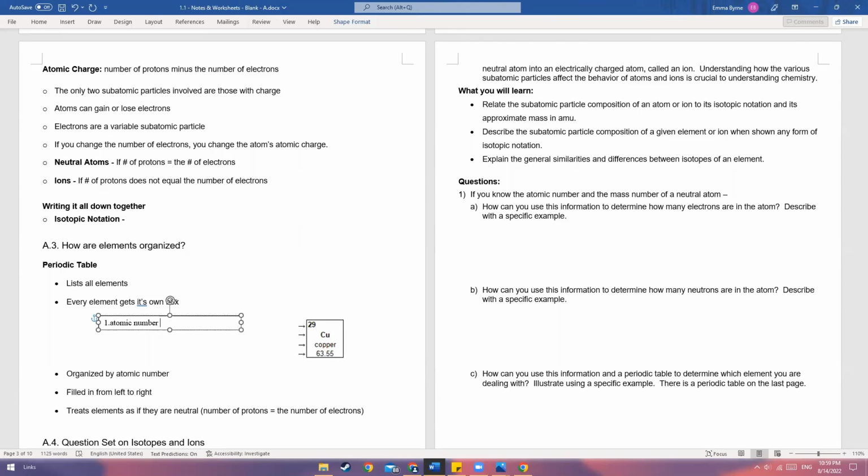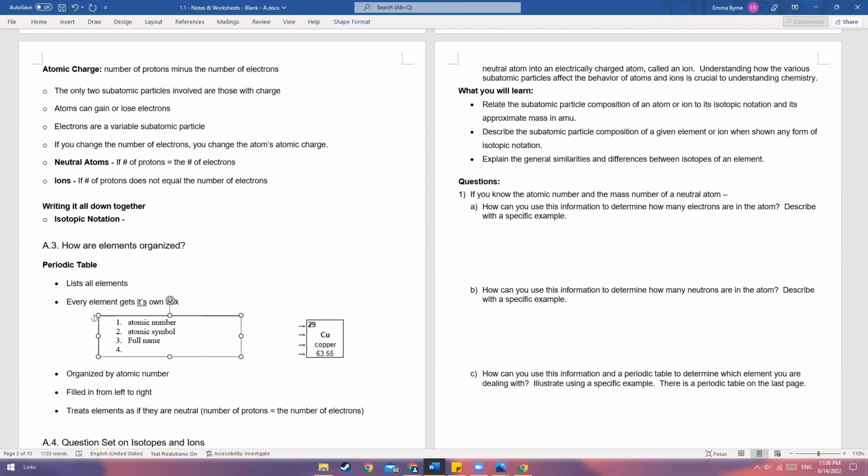The atomic number of copper is 29, so there are 29 protons in the atomic model. Two is the atomic symbol. You can think of the atomic symbol almost like a nickname. My name is Copper, but my friends call me Cu. Three would be the full name, which here is Copper.